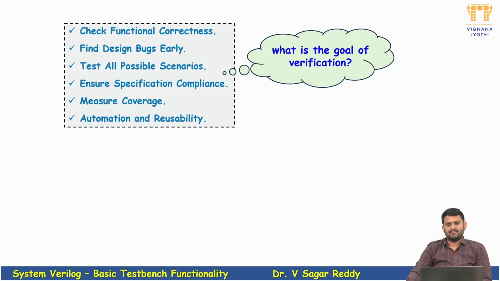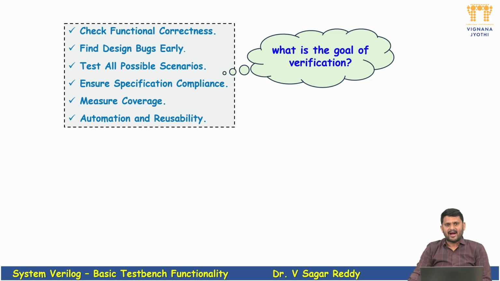The first goal of verification is to check functional correctness. We must make sure the design works exactly as per the specification, and whatever is written in the design document, the circuit must do the same thing. For example, an ALU should add, subtract, and multiply, and each operation must work correctly for all valid inputs.